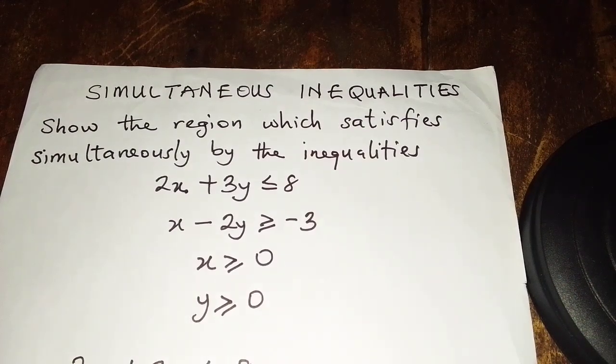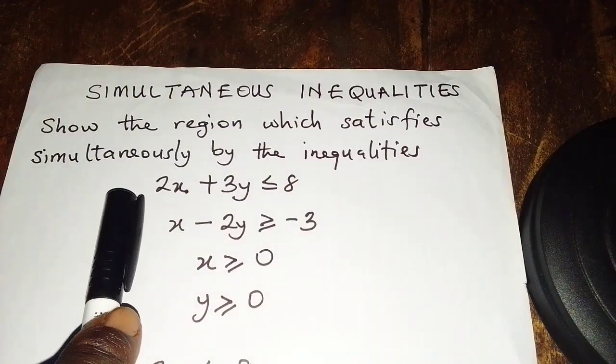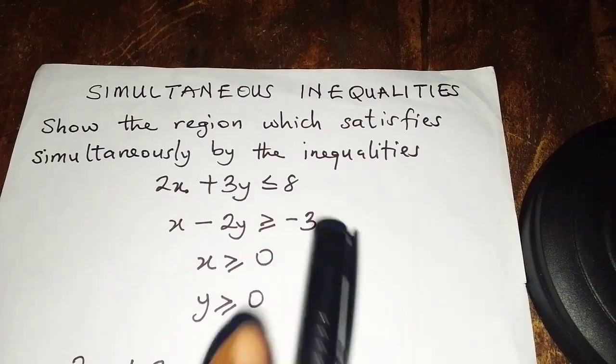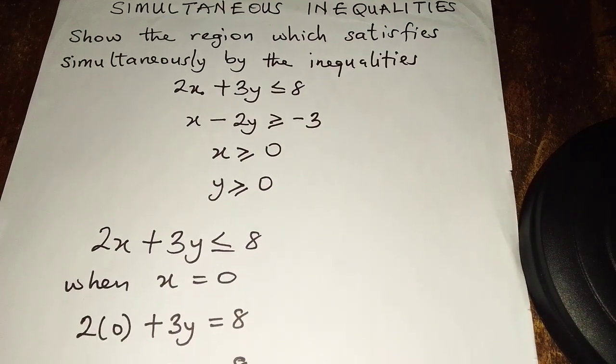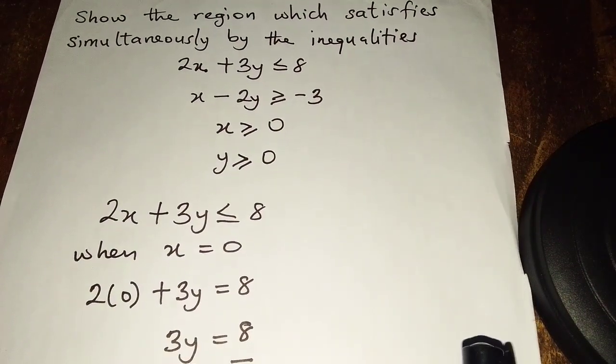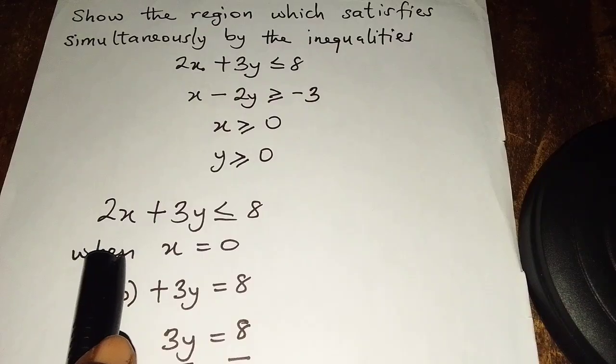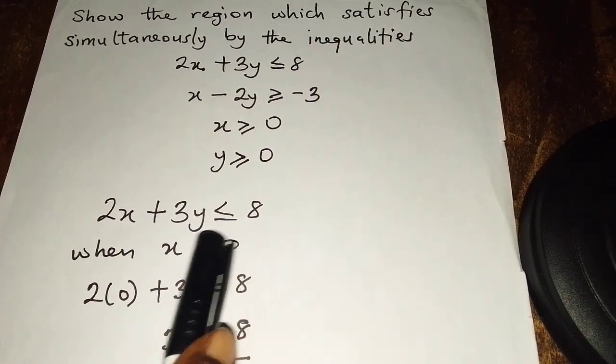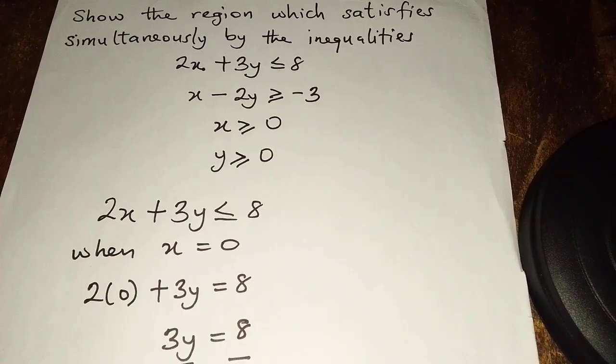So now, if you want to do this, first of all, let's get the coordinates for 2x plus 3y is less than or equal to 8. Substitute when x is 0, what will be the value for y?